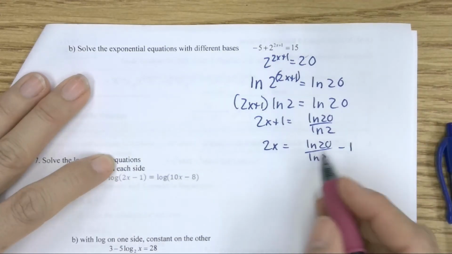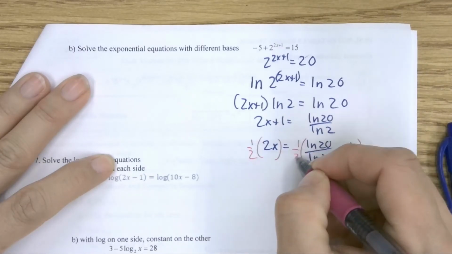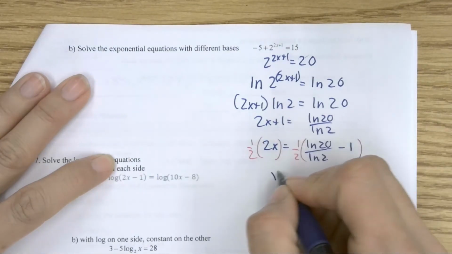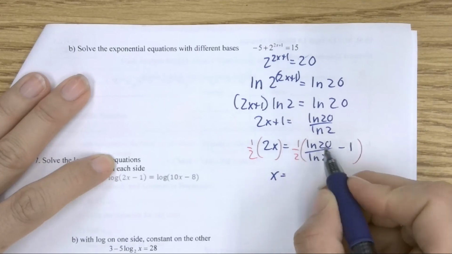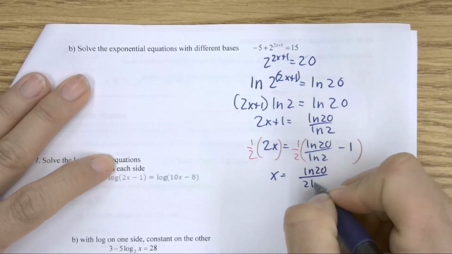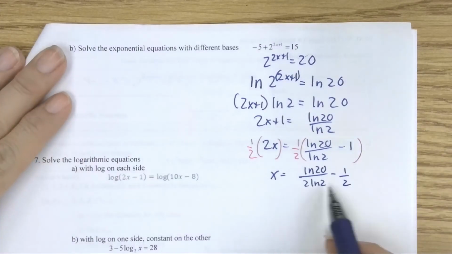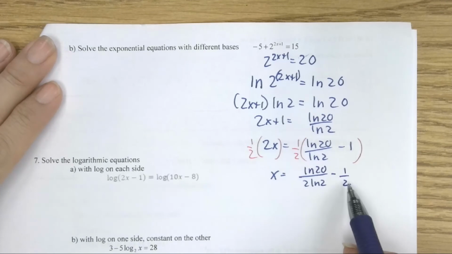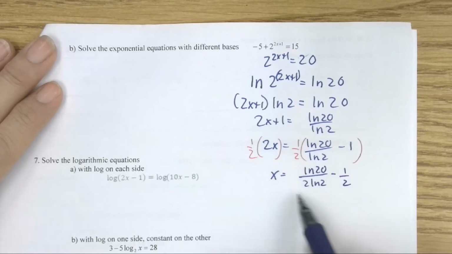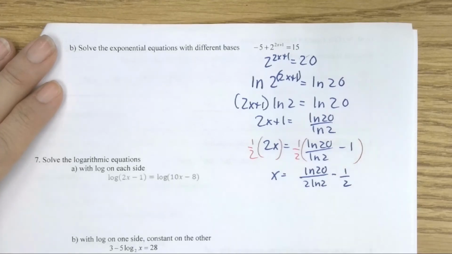I have a fraction over here, so instead I'm just going to multiply by 1/2. So I have x equals, and 1/2 times ln of 20 over ln of 2 would be ln of 20 over 2 ln of 2, and then minus 1/2. And there are several variations of how you could write this. So realize that this is not the only correct version of this expression.